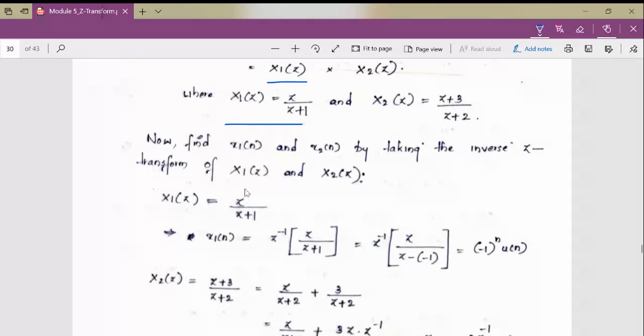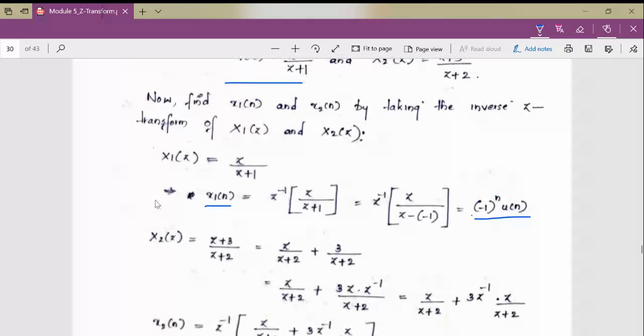This is of the format z by z minus a, so z minus a means z minus minus 1. From the basic Z transform pairs we can solve it; we have the equation for that. From that, the inverse Z transform of X1 of z gives X1 of n equal to minus 1 raised to n u of n. Okay, take that aside.